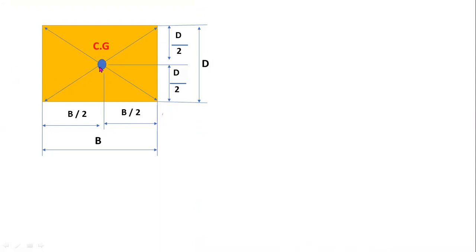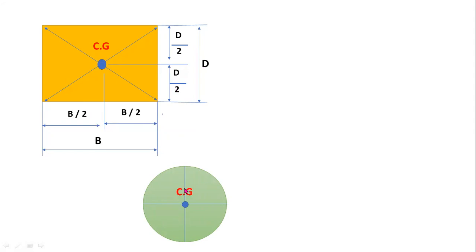So the centroid or center of gravity of a rectangle always lies at the intersecting point of the diagonals. Let capital B be the base of the rectangle and D the depth. Then the centroid of a rectangle always lies at half of the base and half of the depth.